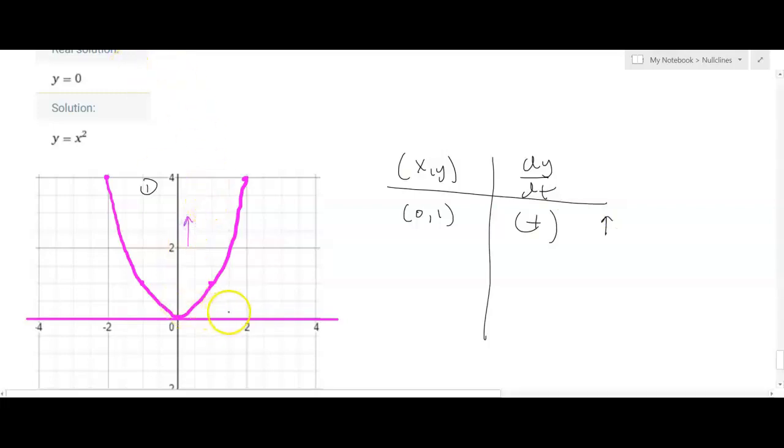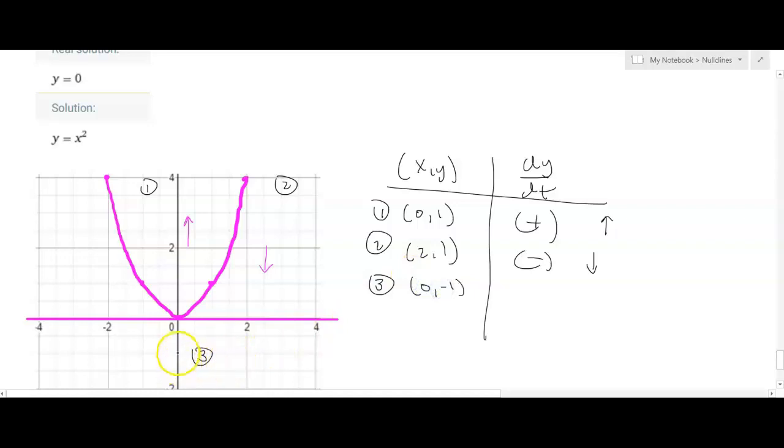Now I'll pick another point, let's say 2, 1, and if I plug those points in, I'm going to get a negative slope. I've done the work on this already to save some time. We'll call that region 2. So all the points in region 2 will have downward vectors. Then region 3 is down here, so we'll pick a point like 0, negative 1, which is this point here.